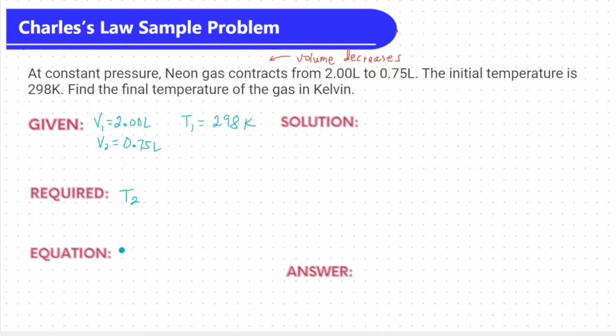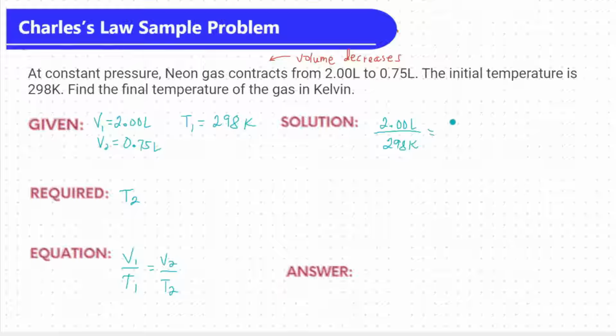So our Charles law equation is V1 over T1 is equal to V2 over T2. Okay, let's use that in our problem solving. Substitute the values that we know. V1 is 2.00 liters. T1 is 298 Kelvin. V2 is 0.75 liter.